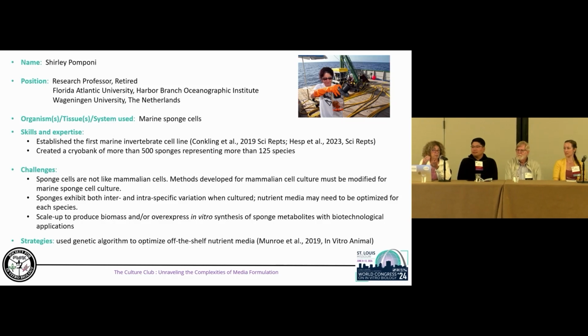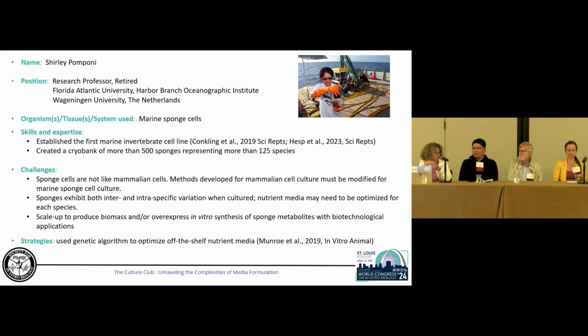Not only that, but there are 10,000 species of sponges, so we're not dealing with just mouse, human, insect, whatever. We're dealing with lots of different species, and we're very lucky if we can get a species that doesn't exhibit individual variation. So we may have variation not only between or among species, but also within species.